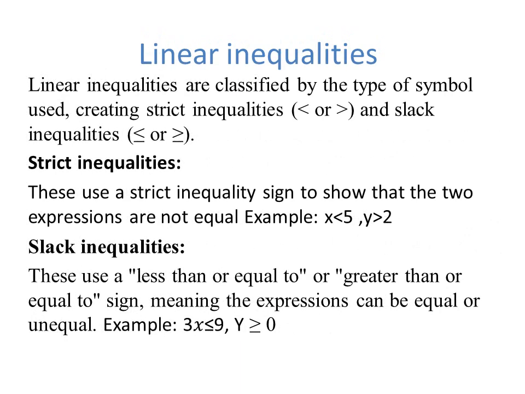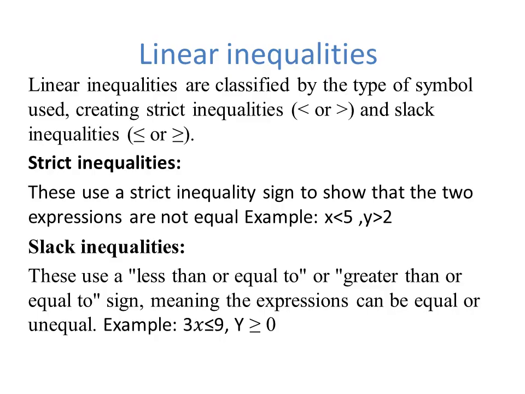Linear inequalities are classed by the type of symbol used, creating strict inequalities, less than or greater than, and slack inequalities, less than or equal to or greater than or equal to. Strict inequalities use a strict inequality sign to show that two expressions are not equal.